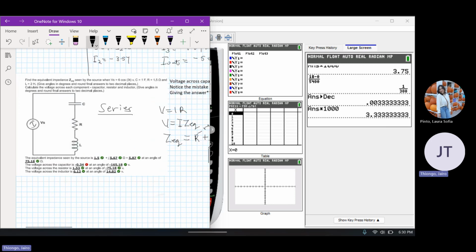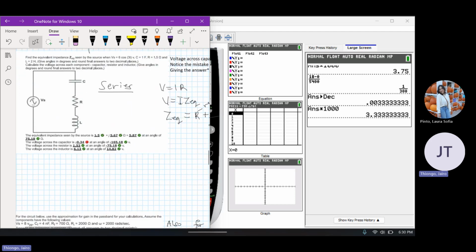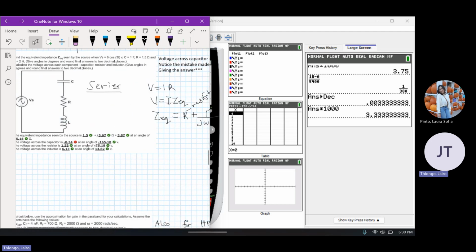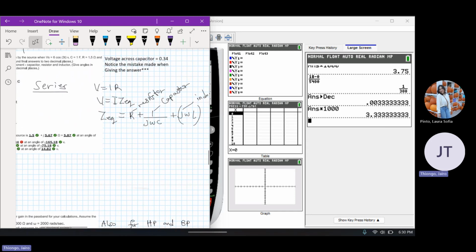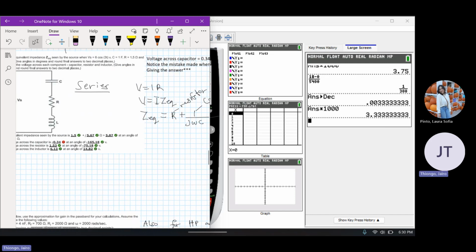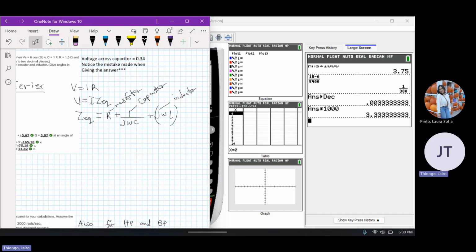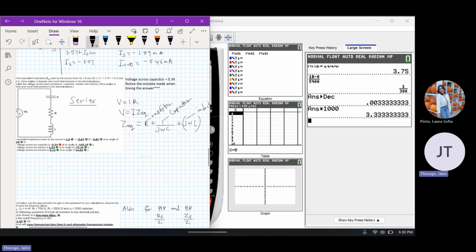And once you find it, unlike the question before, this one is asking about the voltage across the different components. Since we are employing complex math, which may take us some time, I'm going to leave it at this. This is the formula you have. You just plug in the values that you've been given.